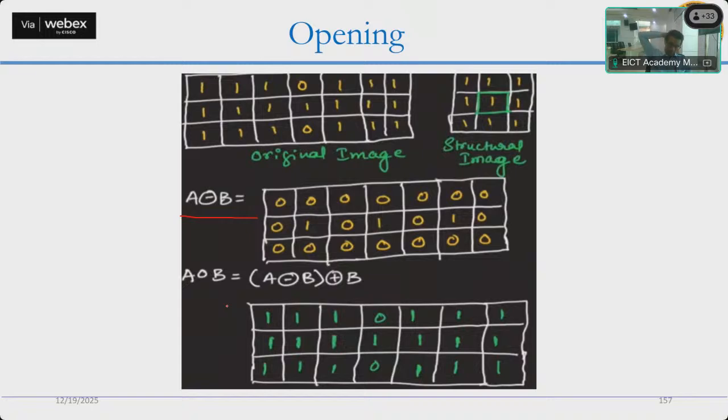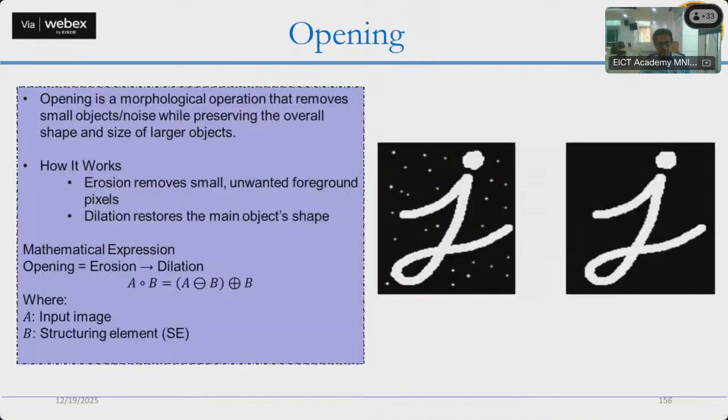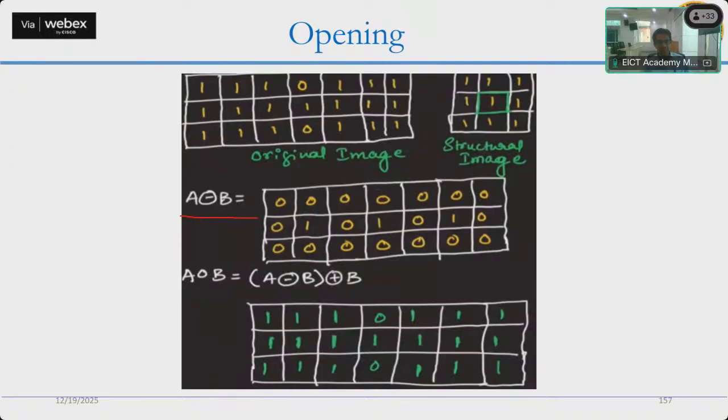What is the sign of this? The sign is basically of erosion, right?